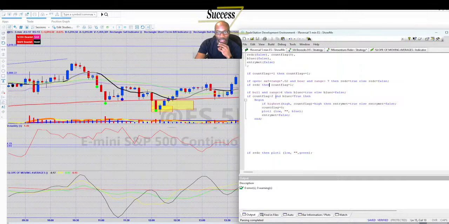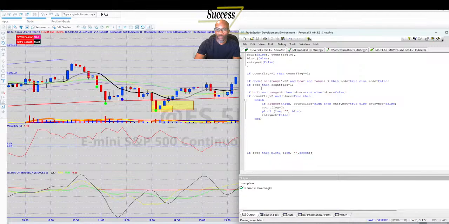If count flag is greater than 2, okay, in between this, so once we get the count flag starting, if we get a candle with a high greater than the high of this candle, then we got to turn it off. So we need to identify the high of this candle, and we need to hold that variable.